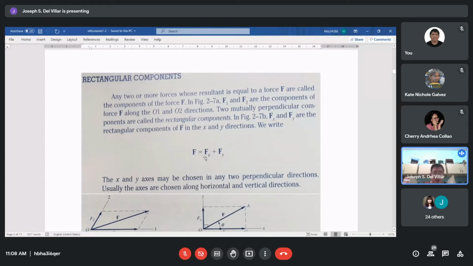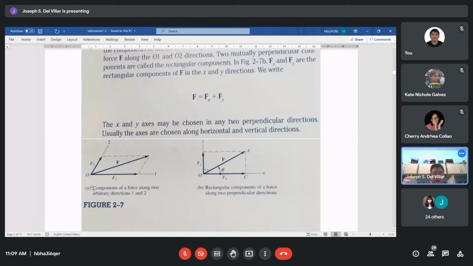It's not a simple addition; we do not add the x component together with the y. This representation simply means that we add them vectorially, and that the given force can be represented into its x component and y component.